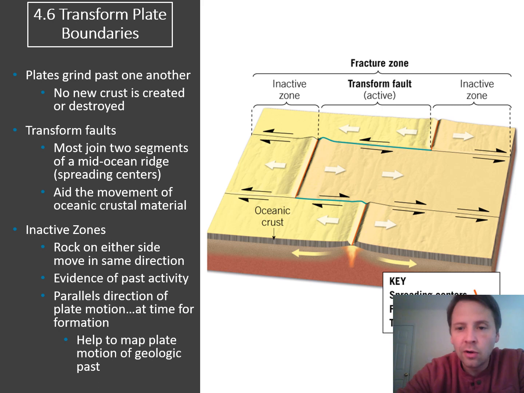So if we follow these arrows, first look at the spreading center here. This is the divergent plate boundary, your mid-oceanic ridge. Earth is being created, and as it gets older and more is created, everything's moving this way on this side, and on the right side everything's moving this way.